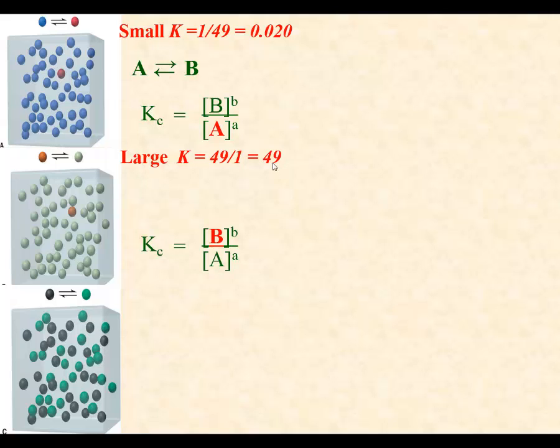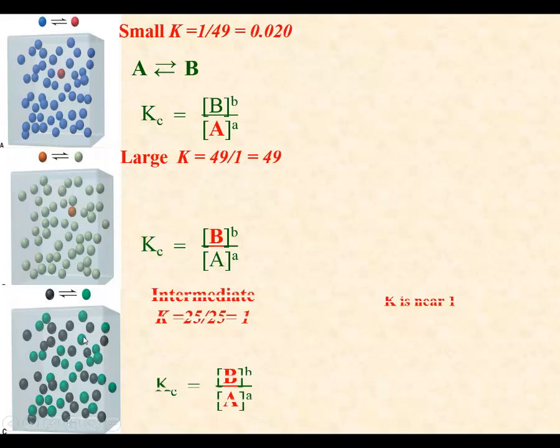Now, if we were to end up with a third scenario, so if we have these navy blue molecules or atoms going to these green molecules or atoms, and if we have a similar amount of each, so let's say we actually have at equilibrium equal amounts of both of them.